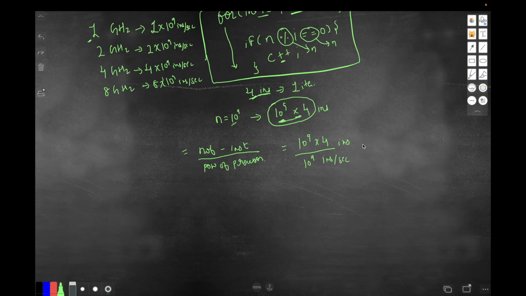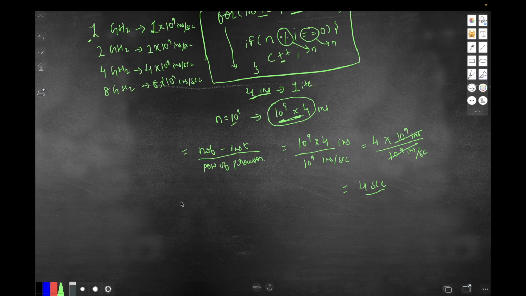I can write it like this: 4 into 10 to the power 9 instructions divided by 10 to the power 9 instructions per second. So 10 to the power 9 will get cancelled and we are left with 4 seconds. So my 1 gigahertz processor will take around 4 seconds to execute 4 into 10 to the power 9 instructions.